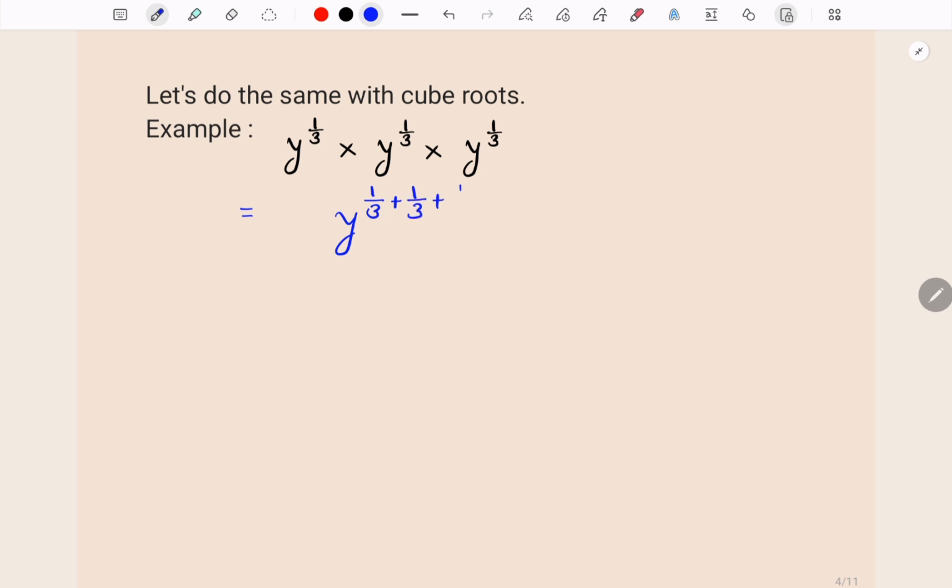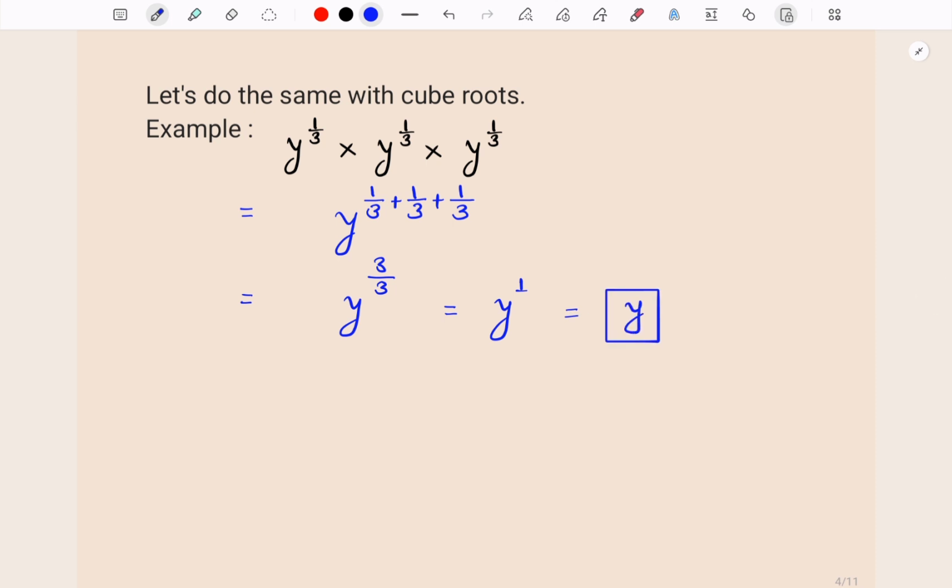So I will add 1 over 3 three times. This will be y raised to the power 3 over 3. 3 over 3 is 1 and y raised to the power 1 is y.